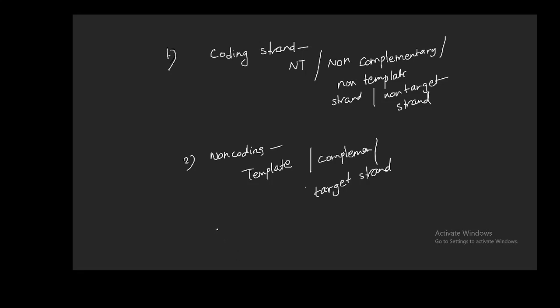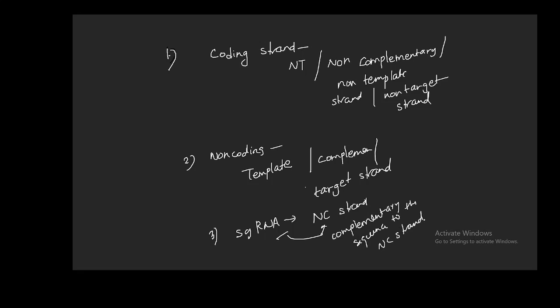Third thing which you need to remember, your guide RNA will only bind to your non-coding strand. Okay, so your single guide RNA should have the complementary sequence to the non-coding strand.